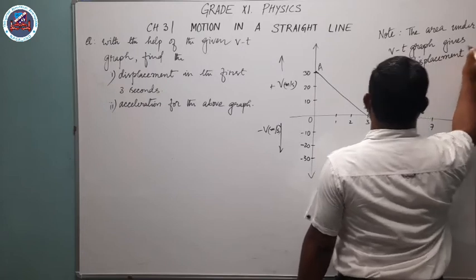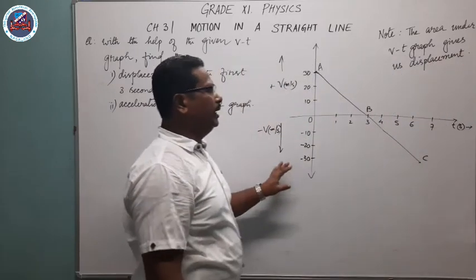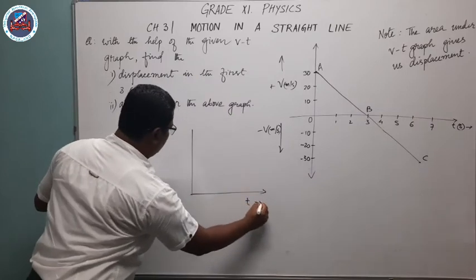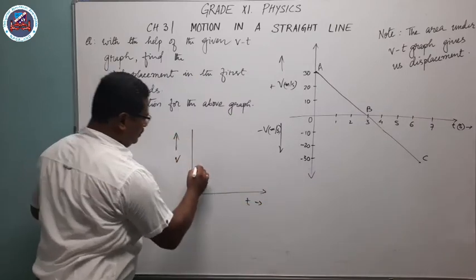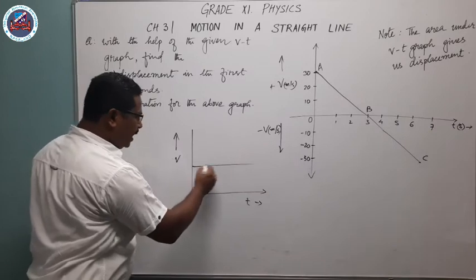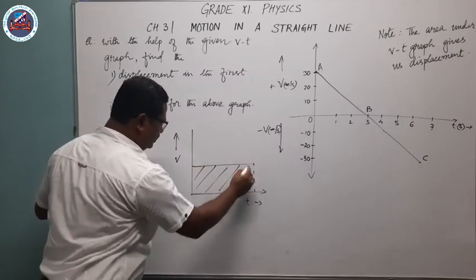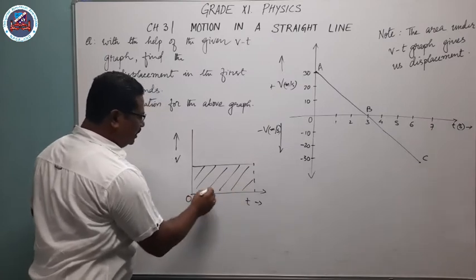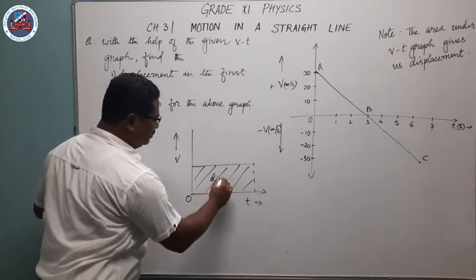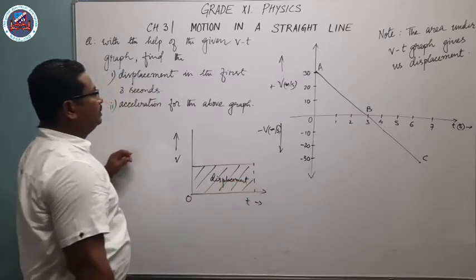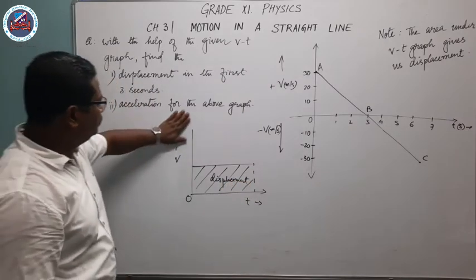That you have to know. In any velocity time graph that you have, suppose this is your velocity time graph, parallel like this, then the area under this line, the area under this velocity time graph, will give us displacement.